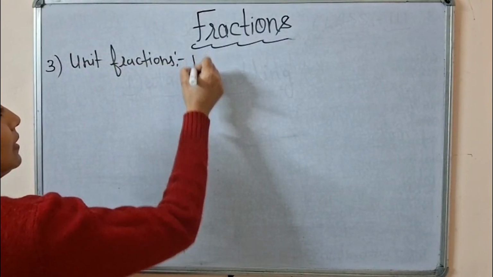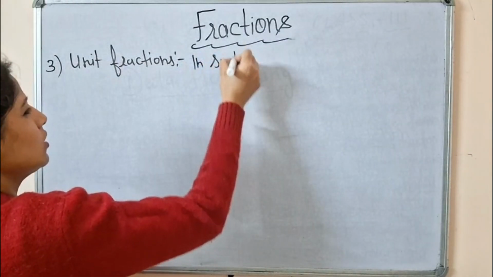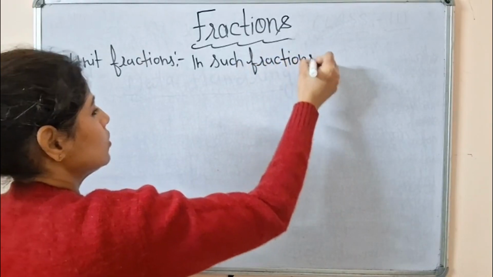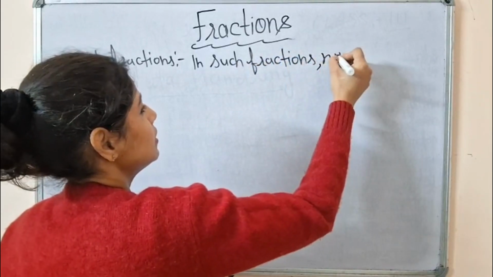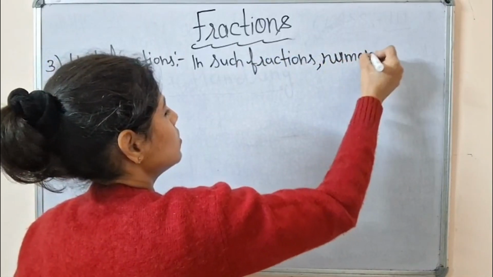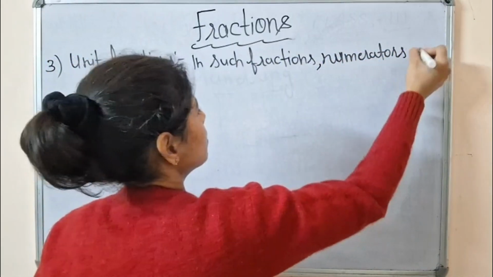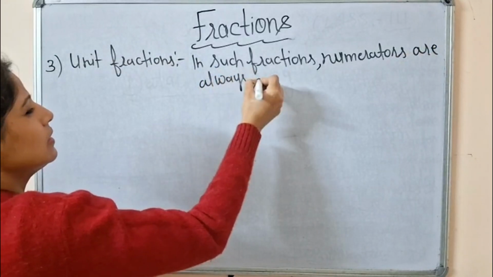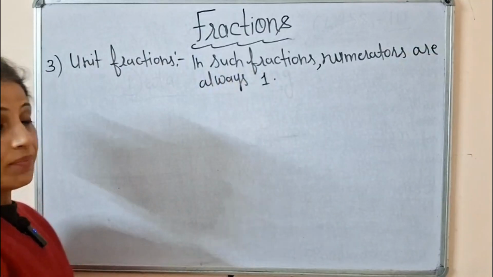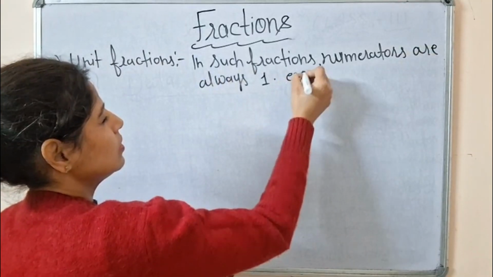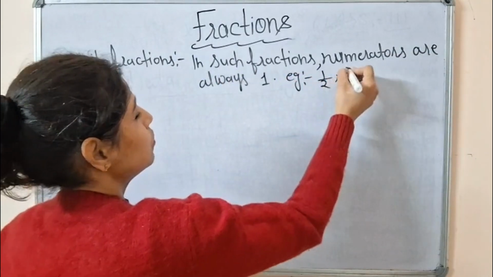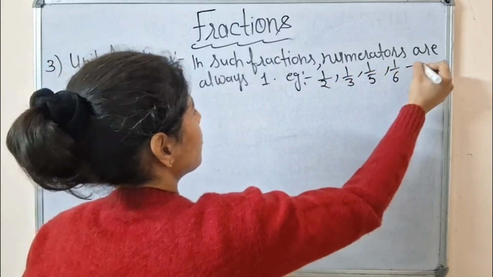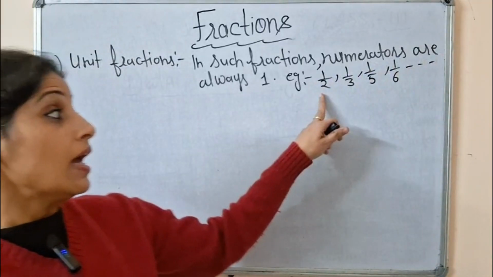So in such fractions, numerators are always 1. For example, 1 upon 2, 1 upon 3, 1 upon 5, 1 upon 6 and so on.